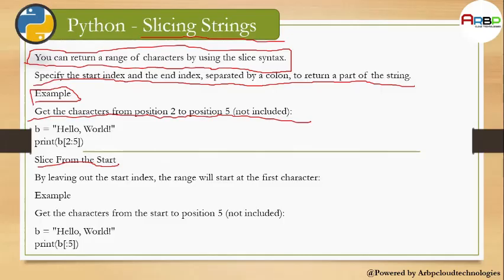For example, b is equal to hello world, like we defined earlier, and we put print b with colon 5 in the brackets. From the start till colon 5, it will print the whole hello. As you can see here, it prints the whole hello. It's so simple to understand.